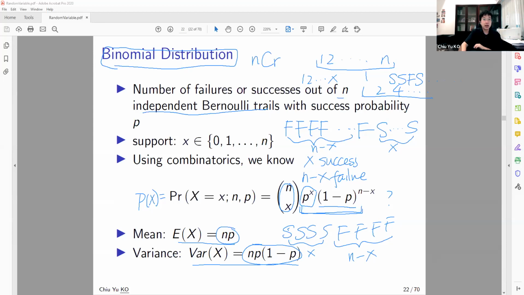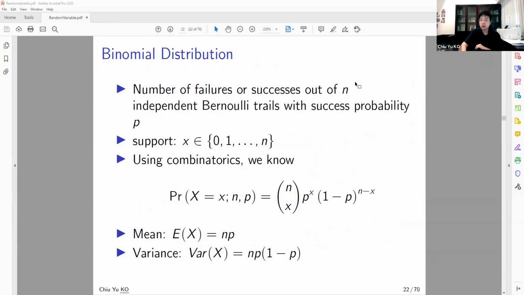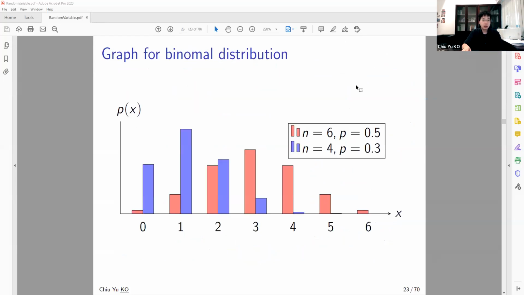So let's visualize what we have here. If p is half, you will see the red one is rather symmetric. If p is rather small, it's less likely to be successful, so this will be skewed to the right.